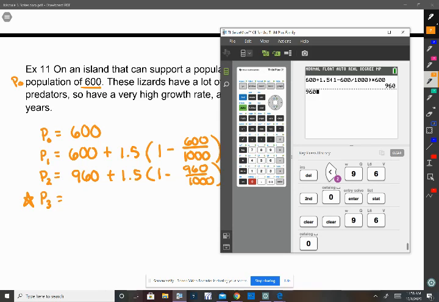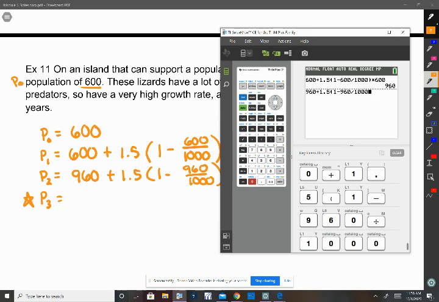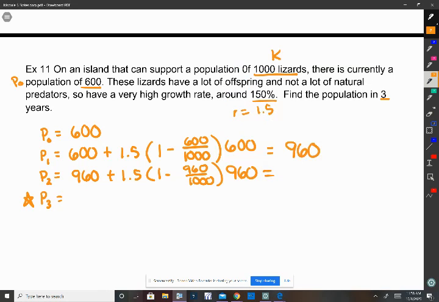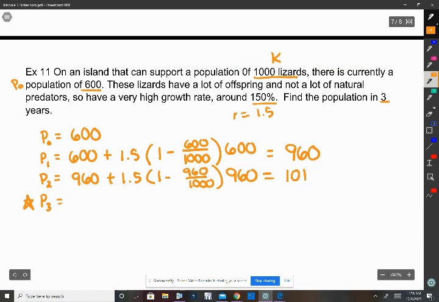So 960 plus 1.5, and then 1 minus 960 divided by 1,000. Close your parentheses, and then it's times 960. And so we get 1017.6, which in the computer you could put 1018, but I think it takes 1017.6 just fine.